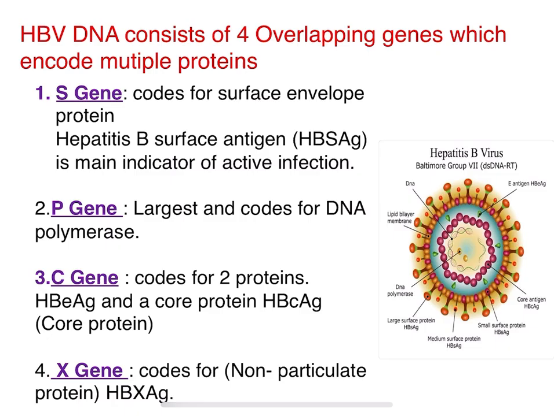Now let us discuss the pathophysiology. We have the hepatitis B virus DNA, which consists of 4 overlapping genes encoding multiple proteins. I told you about the genes: the S gene, P gene, C gene and X gene. Let us discuss in detail. The X gene, we have added here. In the previous slide we had just 3 genes. We will also include the medicine aspect as well.